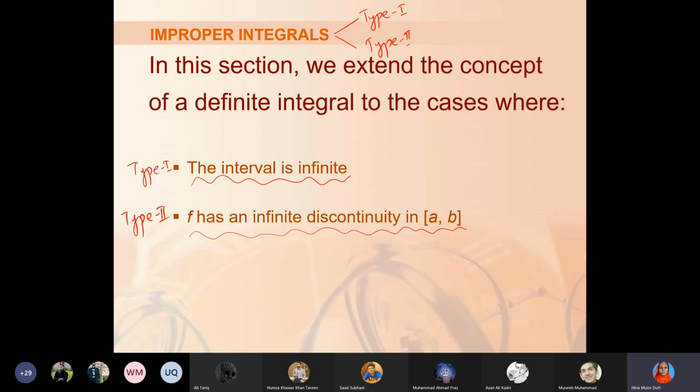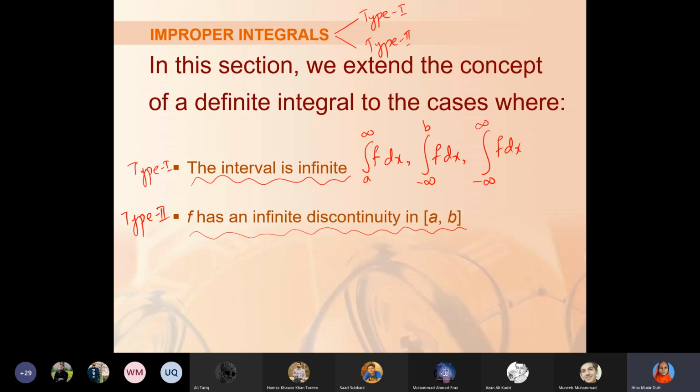So when the interval of integration is infinite, such type of integral consists of when you have a to infinity f dx, or minus infinity to b f dx, or from minus infinity to infinity f dx. So improper integrals of type 1 have these three forms.